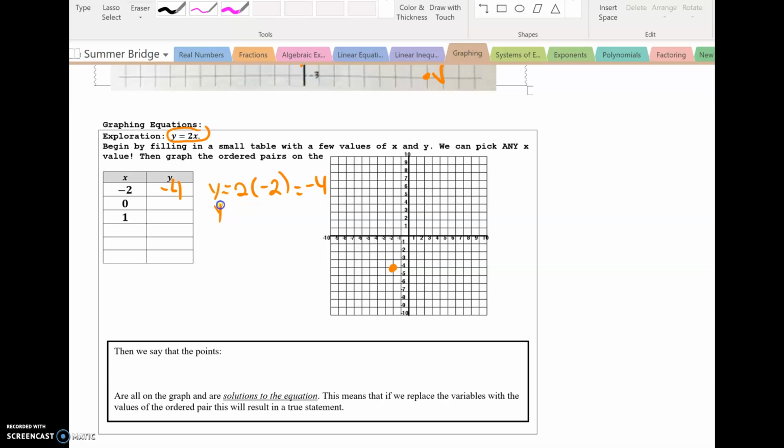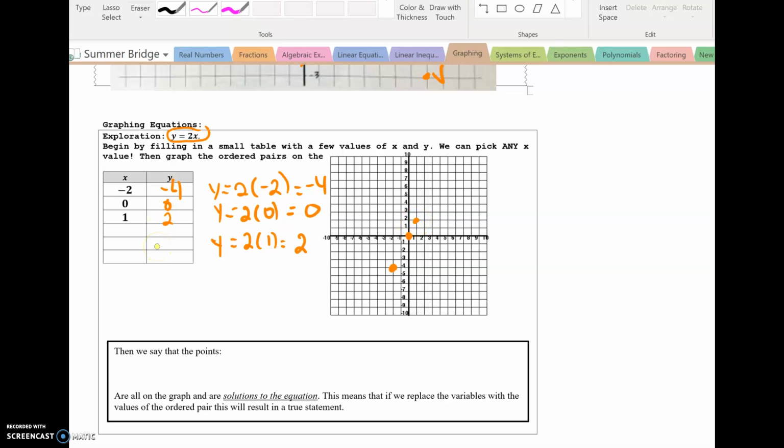Now we could do the same thing for 0, so 2 times 0 gives us 0, and that would be the origin, which is right there. That's the second ordered pair. Then when x is 1, I'm going to plug 1 into my equation, and that gives us 2. So when x is 1, your y value is 2.